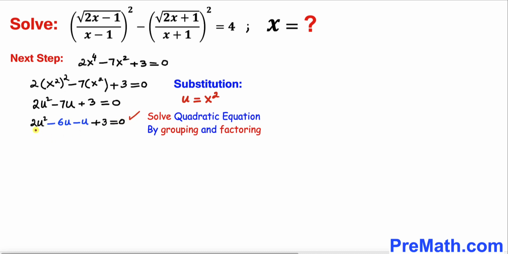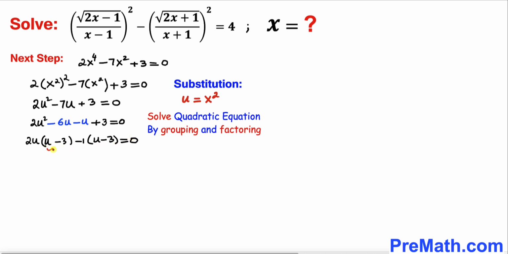And we can see now in between these first two terms, 2u is in common, and with these next two terms, negative 1 is in common. So therefore, we are going to factor out 2u, and we ended up with simply u minus 3. Likewise, I'm going to factor out negative 1 over here. So we got u minus 3.